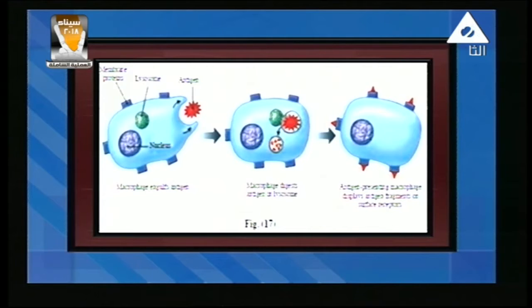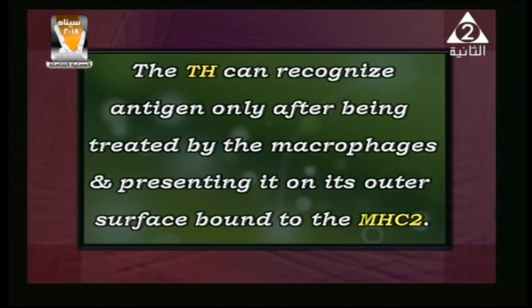Talking about the function of the T helper in this process, they recognize the antigen by the MHC protein and also by binding with the MHC2 complex. The helper T cells can recognize the antigen only after it is treated by the macrophage. So the helper T cells at first cannot bind with the antigen, but after it is treated by the macrophages and presented on their outer surface, bound to the major histocompatibility complex, they can recognize it.